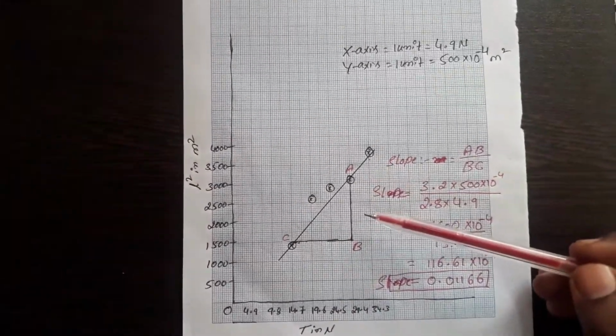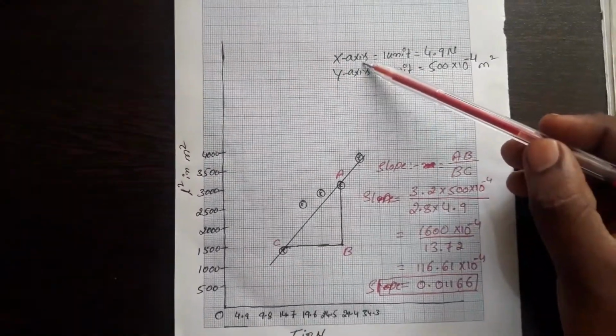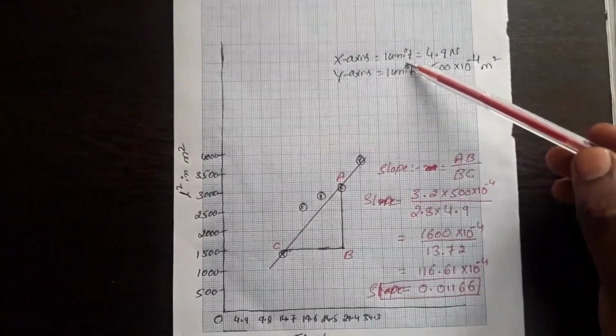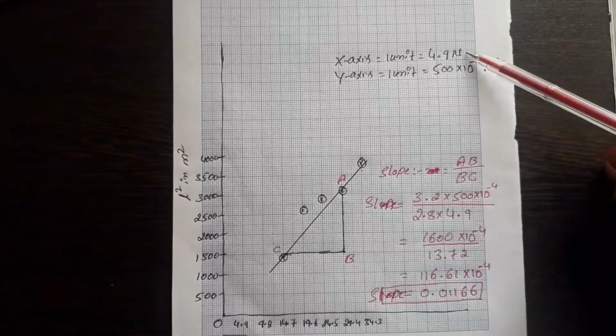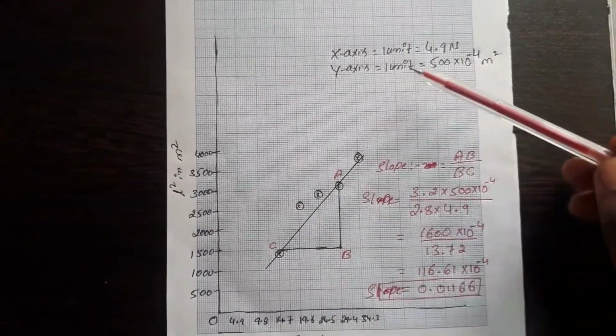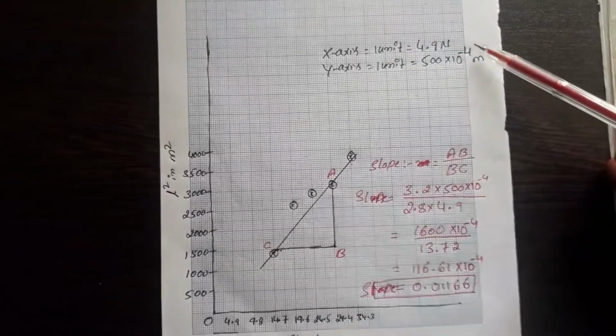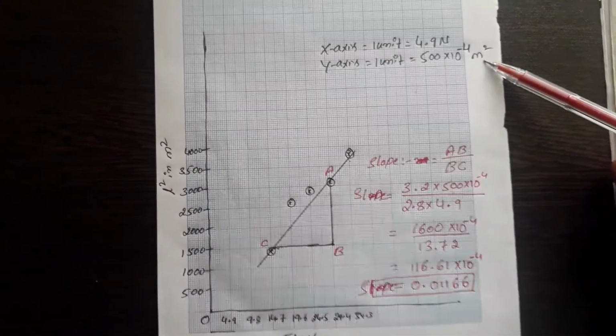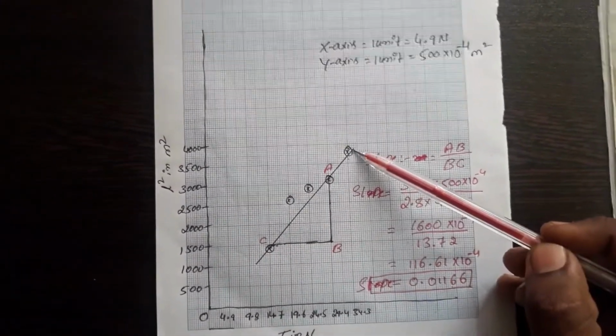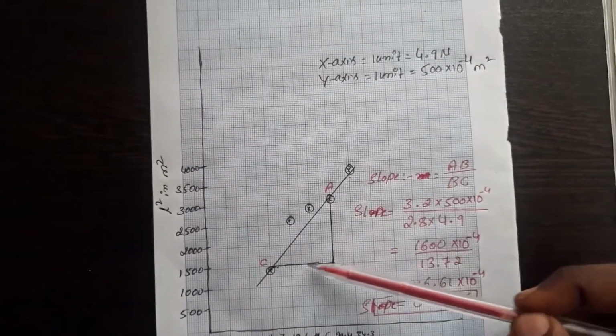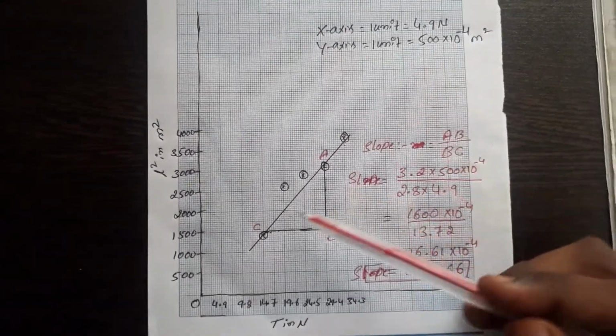I plotted one graph. Scale: x-axis, 1 unit is equal to 4.9 Newton. Y-axis, 1 unit is equal to 500 into 10 power minus 4 meter square. I get one straight line. After that, I draw one slope. So this is the slope.